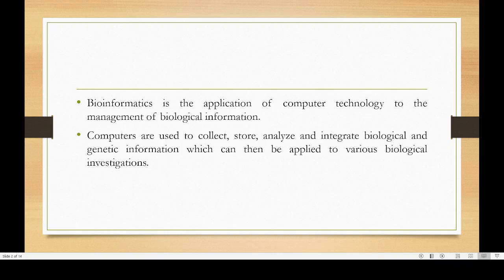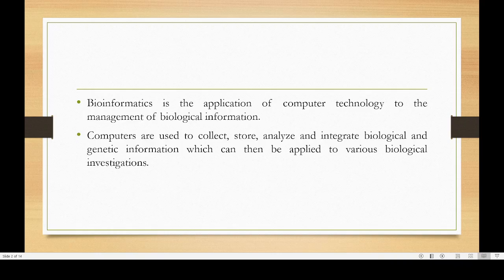Second is analyzing and integrating information. For example, if you go to the World Spider Catalog and you want to know what species come under one particular genus, there is a search box. If you put the name of the genus, it will immediately bring all the species coming under that genus.